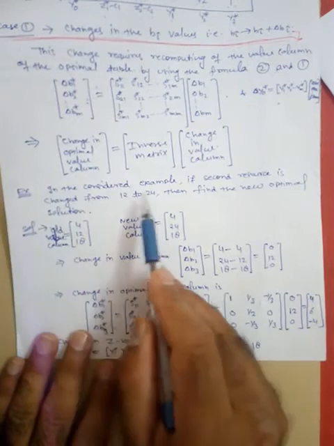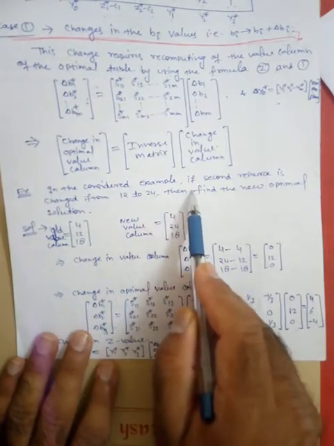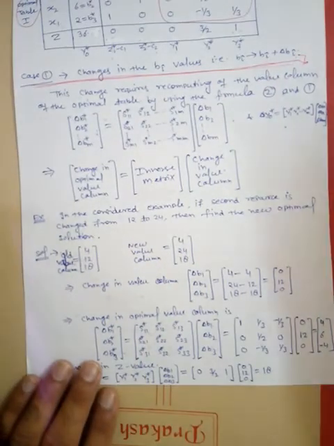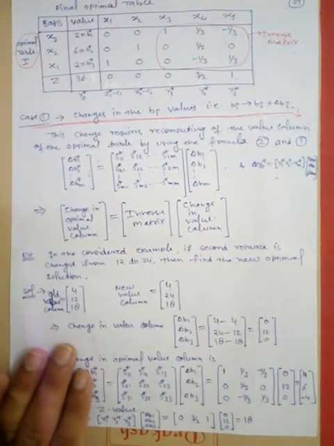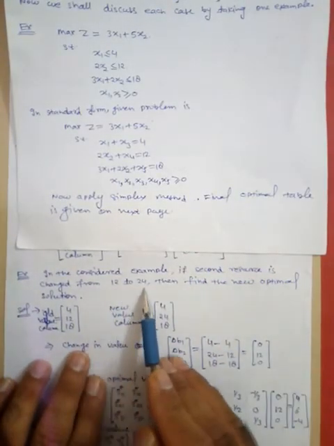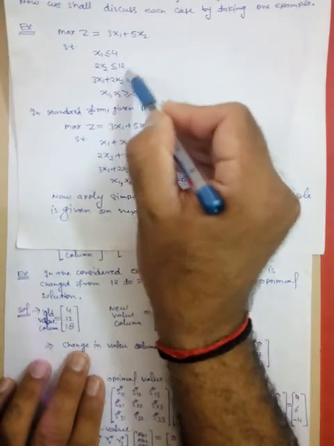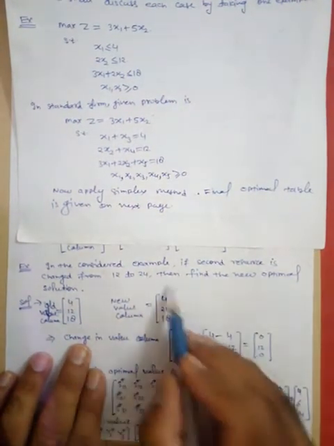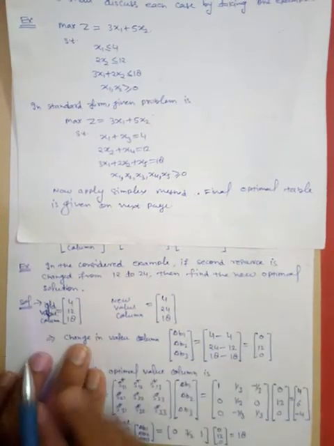Suppose in the considered example, if the second resource is changed from 12 to 24, then find the new optimal solution. This is the problem.